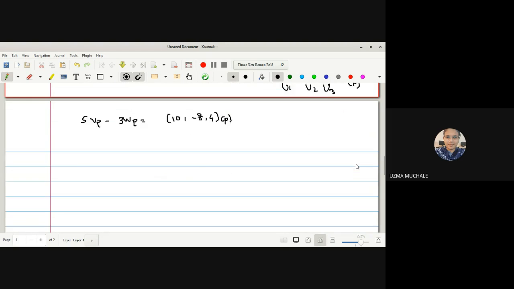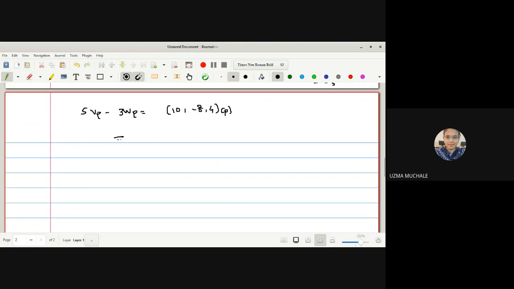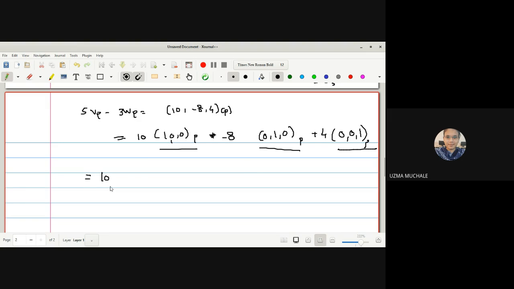Okay, so how to do that? In a very similar way to what we have done for the theorem. So what you have to do: 1 0 0 minus 8 into 0 1 0 plus 4 into 0 0 1. Plus minus 8 times 0 1 0 at a point P, plus 4 times 0 0 1 at a point P. So we can write 1 0 0 at point P, 0 1 0 at a point P, 0 0 1.